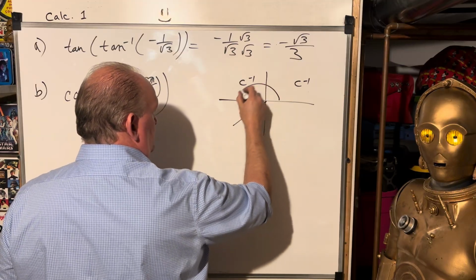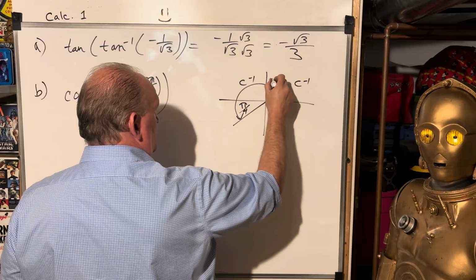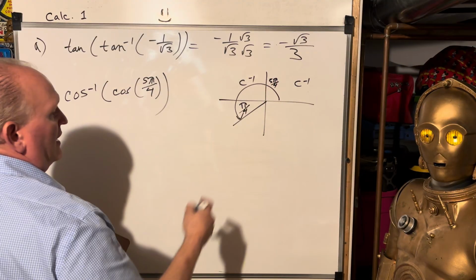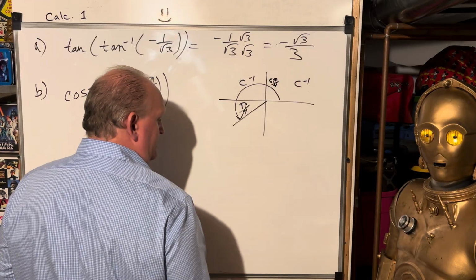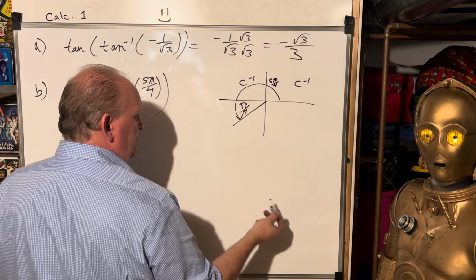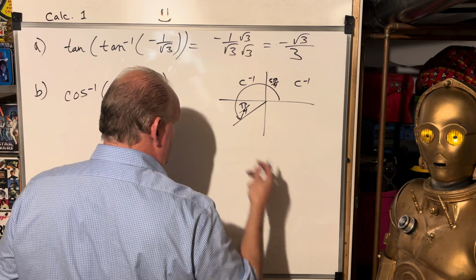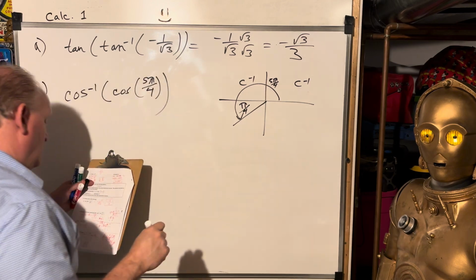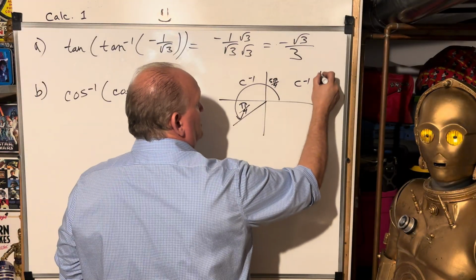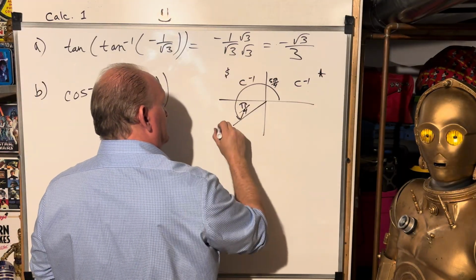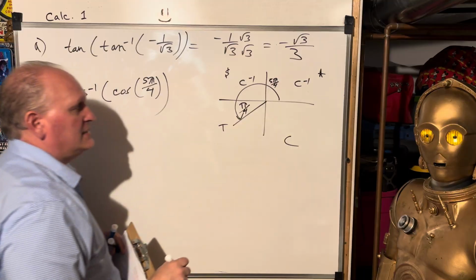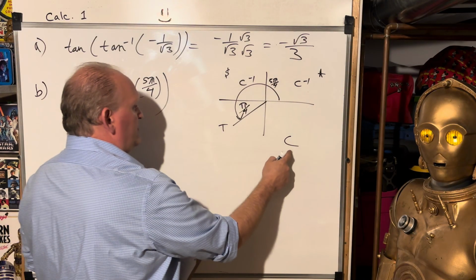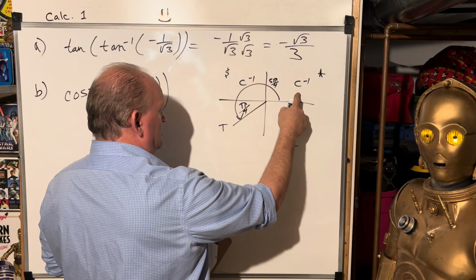So that is 5 pi over 4, which is, I keep erasing it. I gotta just leave that little cheat sheet guy up there. The square root of 2 over 2, right? And so, all-star trig class. And so, 5 pi over 4. Cosine would only be positive here and here.